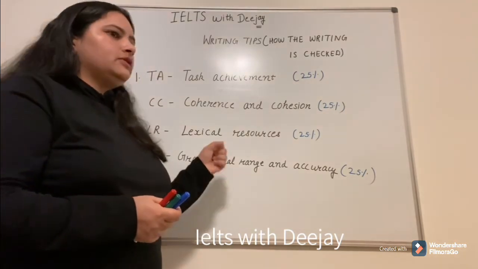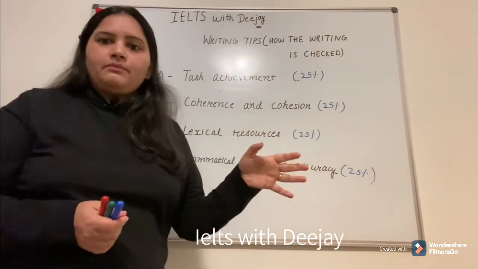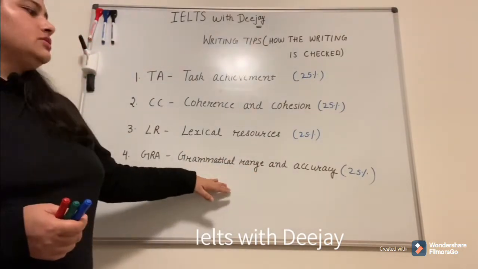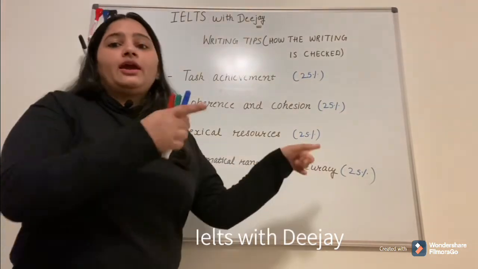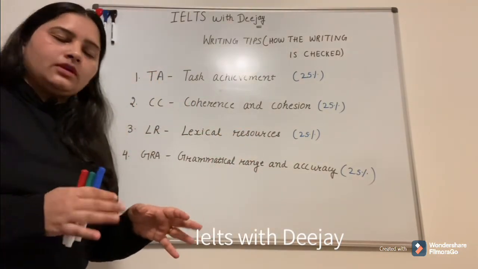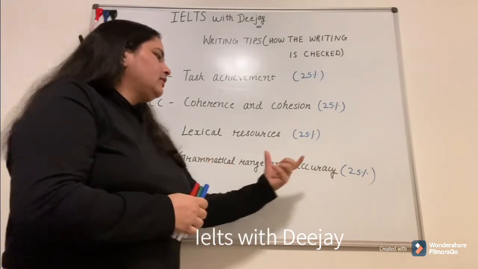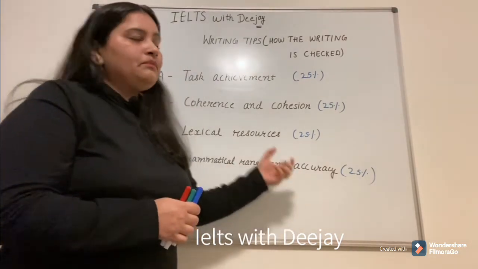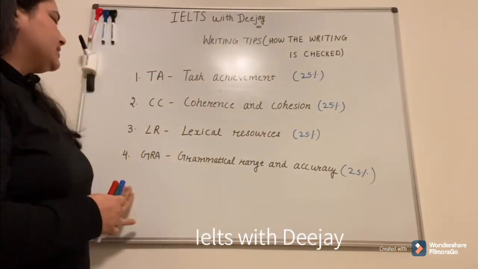Different kinds of expressions should be there. Whatever you know, that is your grammatical range. Accuracy means that it should be accurate also. It's not just writing all the things, but writing everything accurately. This is grammatical range and accuracy. This is how our writing is checked.